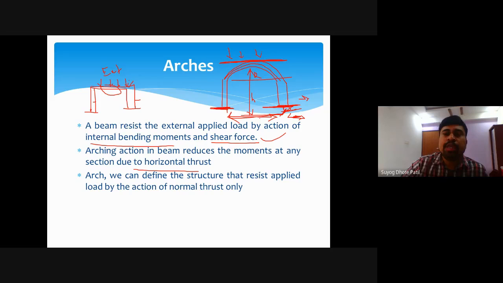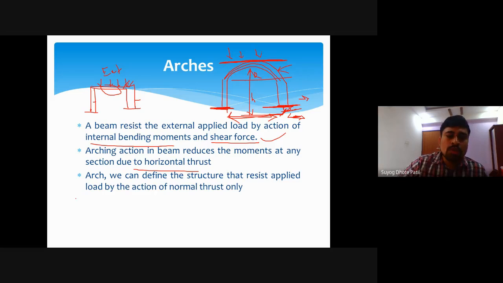So this is a normal horizontal beam and this will be the arching beam. In the arching beam, whatever load is coming over it is resisted by horizontal thrust only.